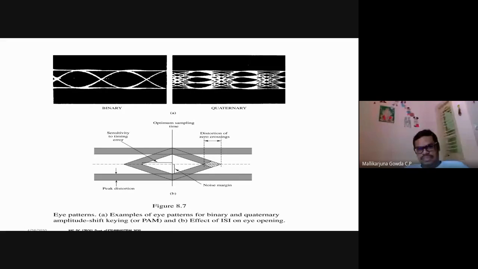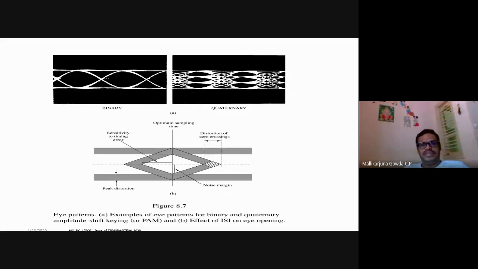And this term is the distortion of zero crossings. I will give more detailed information about what each term is in the coming slides. Just have a look at this. These are all the terms which we obtain from the eye pattern, and it is an important topic from the examination point of view also.